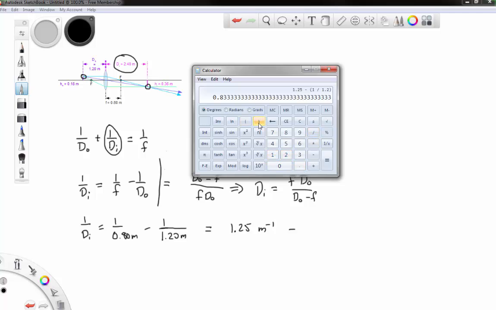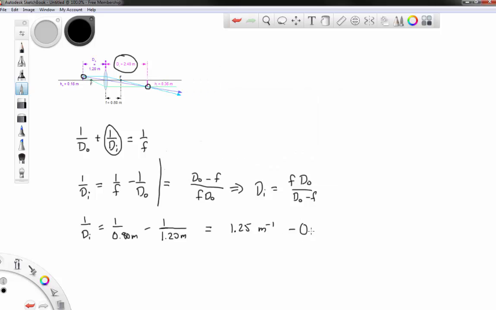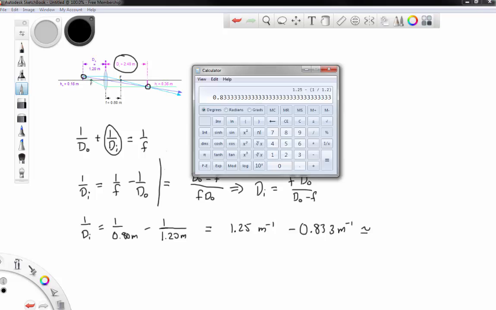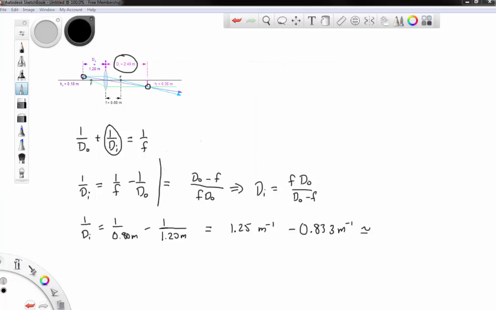So we're subtracting 0.833 inverse meters. Okay, so what is this going to give us? 0.41666, etc. So we'll just call that 0.417 inverse meters. Okay, well that's equal to 1 over di.